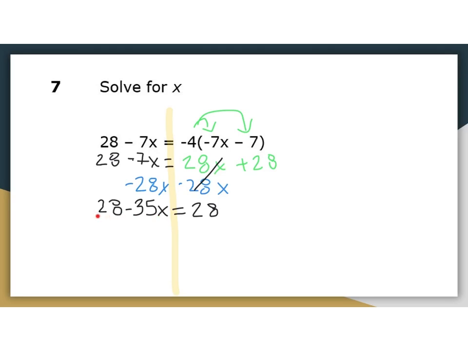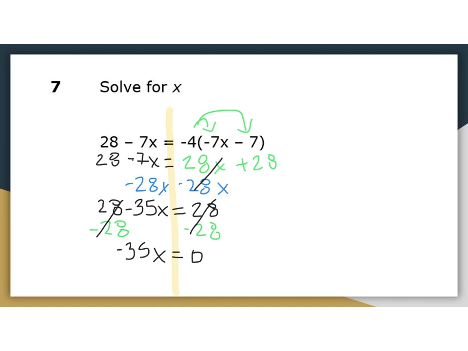To do that, we need to get rid of this positive 28. So once again, the inverse would be to subtract 28 from both sides. When we do that, the 28's on the left canceled out because 28 minus 28 is 0, leaving us with negative 35x equals 28 minus 28 is 0.